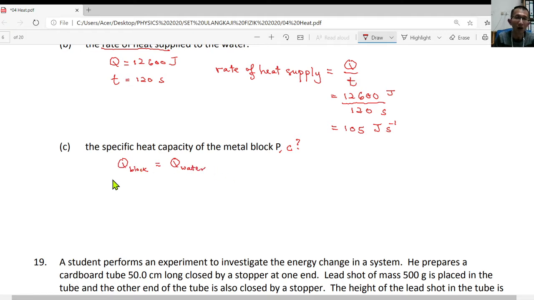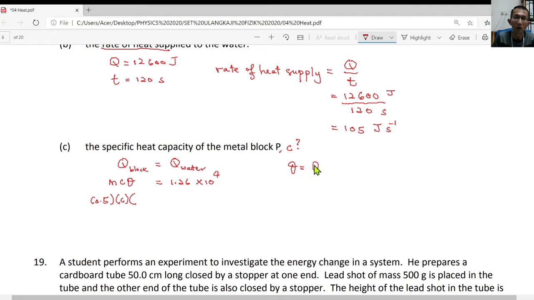Q of block is mc theta, and this one we have calculated just now to be 1.26 times 10 to the power of 4. The mass of the block is 0.5 kilogram. C is what we want to find out.